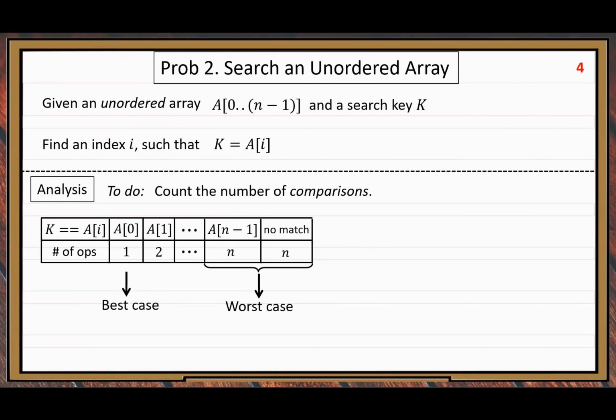Which one do you feel is the best way to describe overall efficiency? Yeah, something in the middle. Intermediate, average. Good, that's the best word. Average. So we call it average case efficiency.